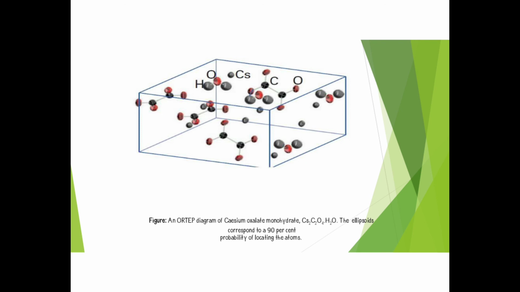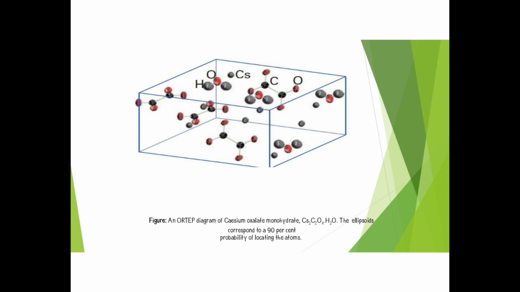Moreover, we know that in single crystal X-ray diffraction, molecular structures are obtained. Actually, these molecular structures are mostly represented in an ORTEP diagram. So the question arises, what is an ORTEP diagram? Basically, it is abbreviated as Oak Ridge Thermal Ellipsoid Program.